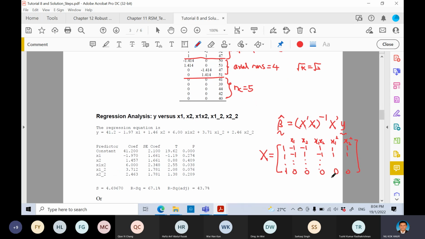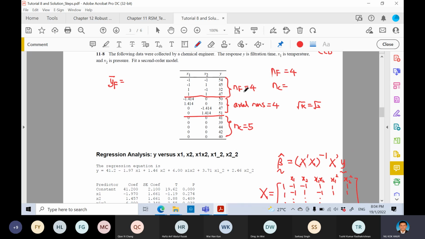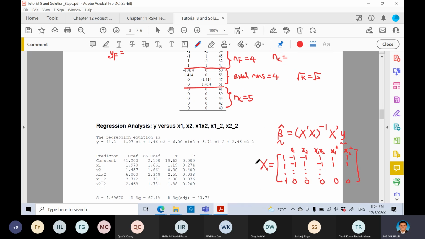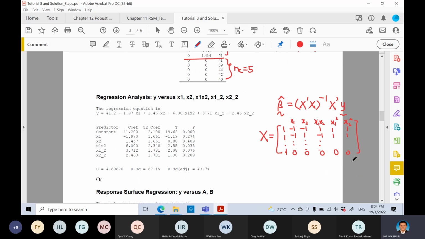If you look at this matrix, the dimension consists of 1, 2, 3, 4, 5, 6 columns. You have 6 columns. How many rows? Here you have 4 plus 4 plus 5, which is 13 rows. So the dimension is 13 times 6.